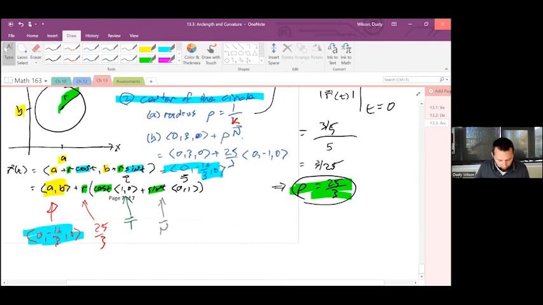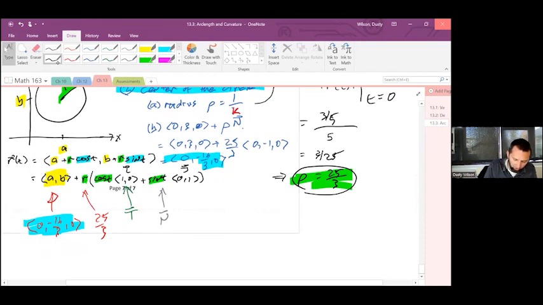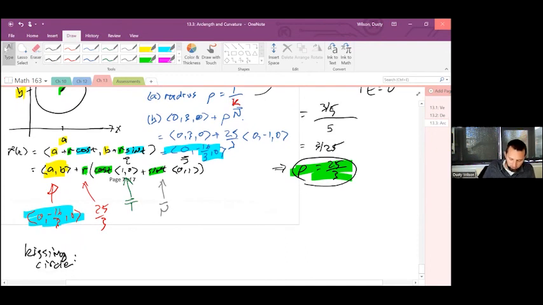So all told, our circle, our kissing circle, is going to have parametric equation r of t equal to, let's have the 0, -16/3, comma 0.